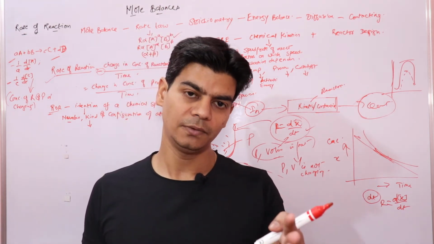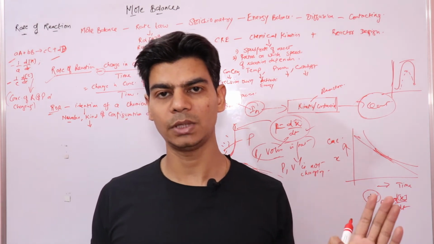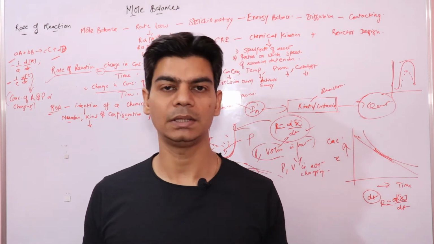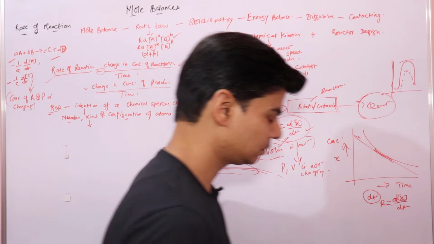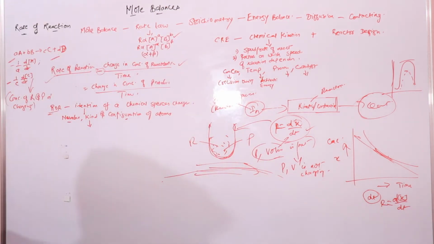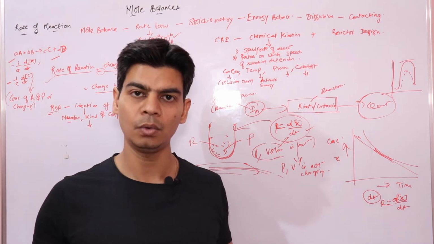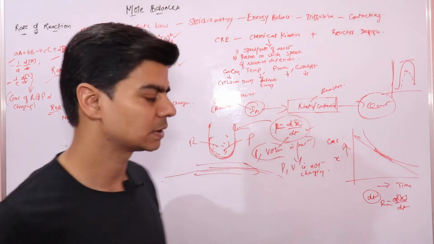So how the rate of reaction actually depends on the concentration of reactants gives you the rate law. And the rate law equation that we are talking about now is your experimental rate law, not your law of mass action.